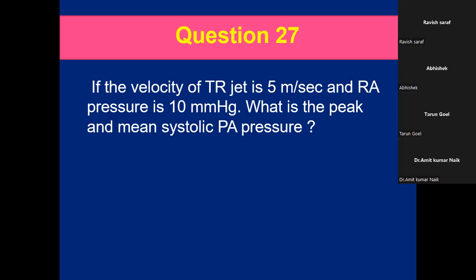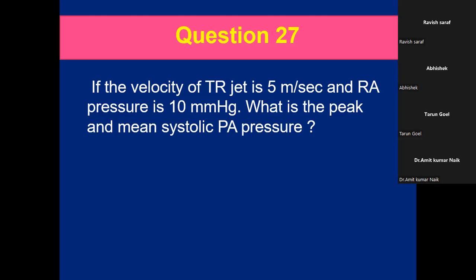Sir, 4 into velocity square. There'll be 100. RA pressure is 10. Then what is the peak pulmonary artery pressure? 100 plus 10, 110. Yes, sir. Then what is the mean? Mean is, sir, we take several pressures in one cardiac cycle. That is the mean of all peak pressures.